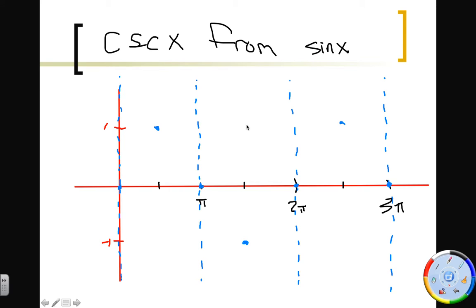And then for my other statement, wherever sine was a maximum, so right here at pi halves, cosecant is a minimum. Well, in order for it to be a minimum, it's going to look kind of like a parabola here. And then everywhere sine was a minimum, cosecant has a maximum.